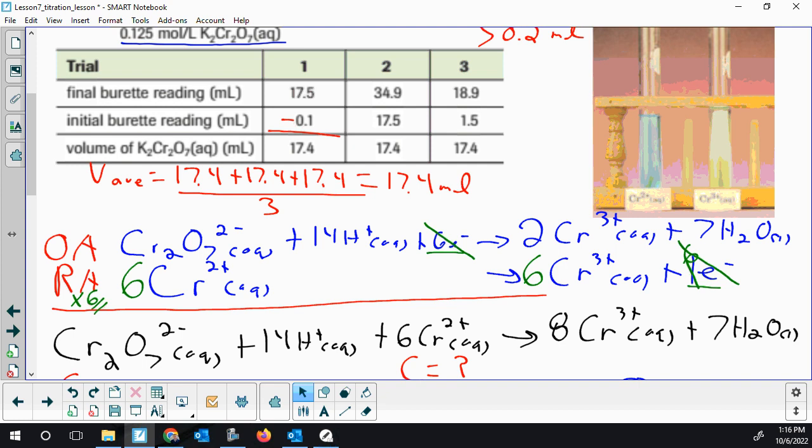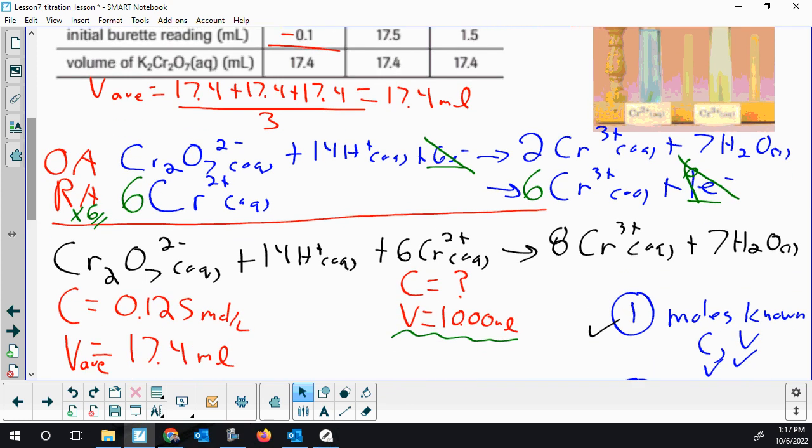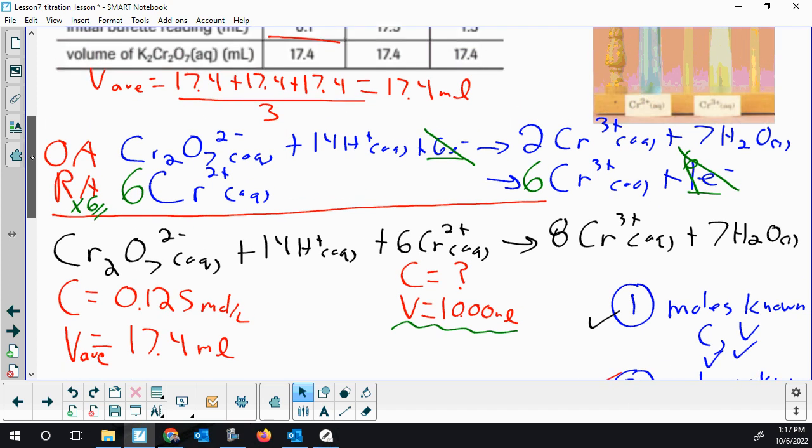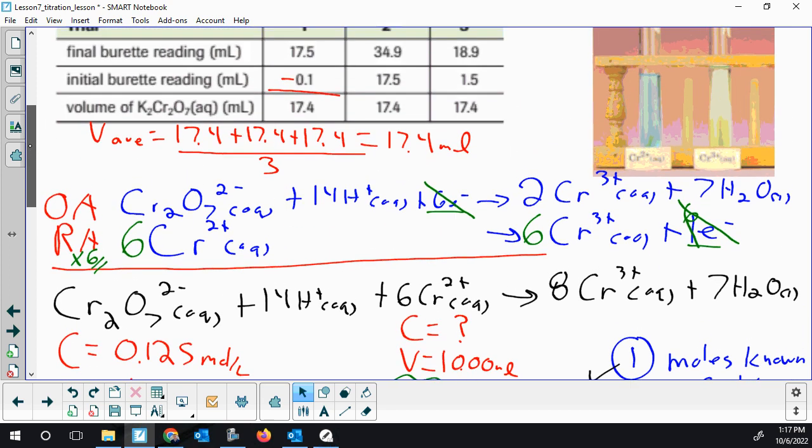Redox titrations only work if the reactants and products have different colors. So we can see the product show up, and we can see all the reactant go away, and that can tell us to stop. So in this particular example, chromium 2 and 3 are different colors. The H+, the water, has no color.